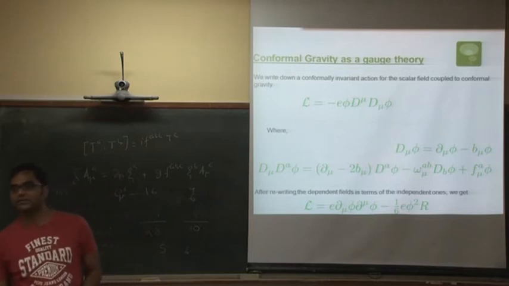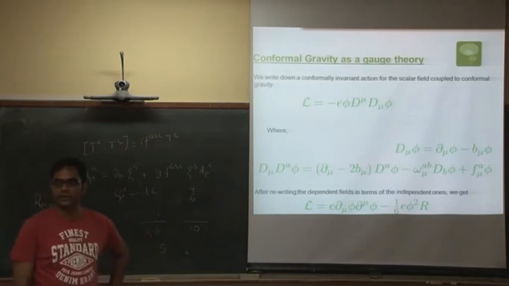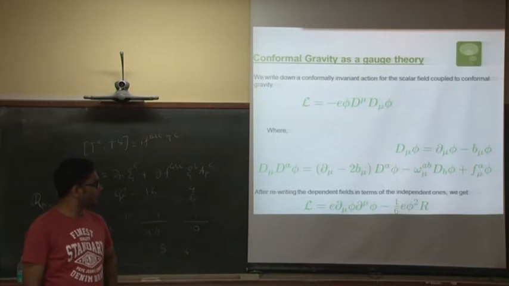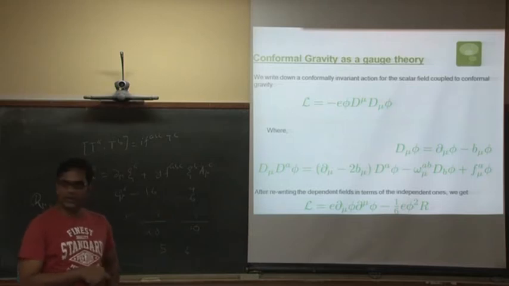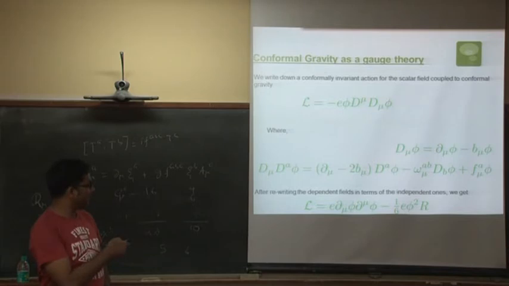Now, if you hadn't imposed those two constraints, would this R be gauge invariant? If you hadn't imposed those two constraints, then you would need to introduce that.